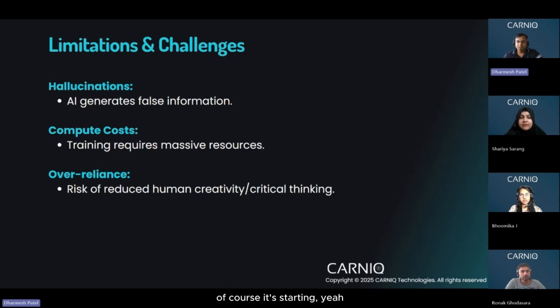Of course it's starting. You will see that most of the repetitive tasks or professions, for example taking notes or scheduling, were performed by people. But now with generative AI, those tasks are performed by AI and you don't require those persons in place.